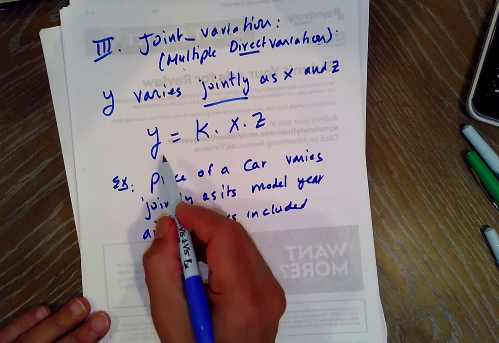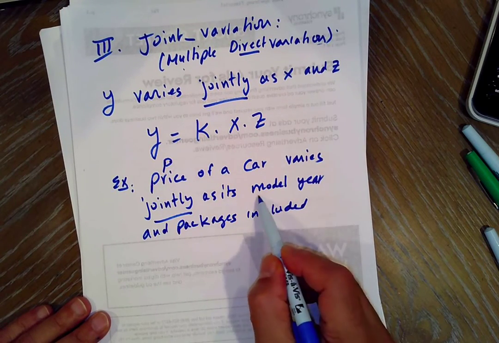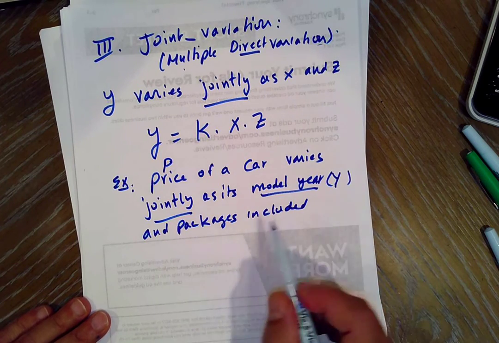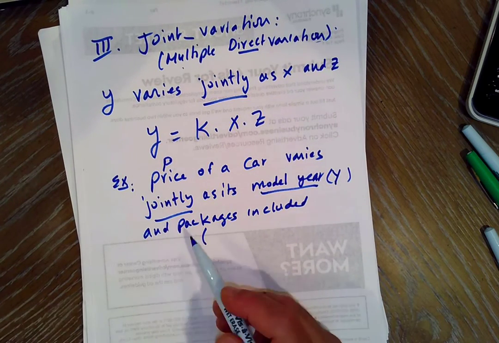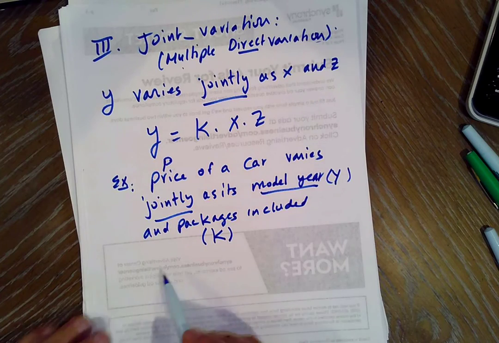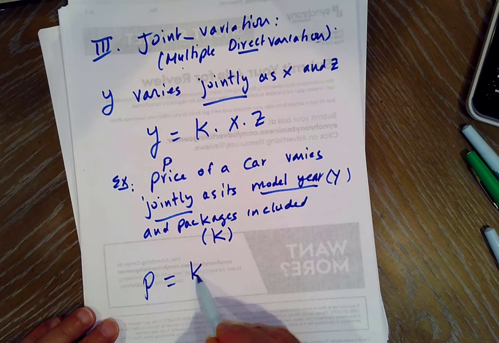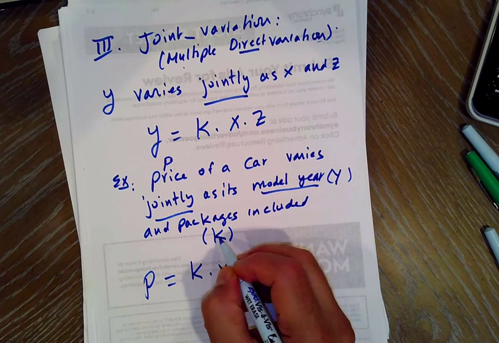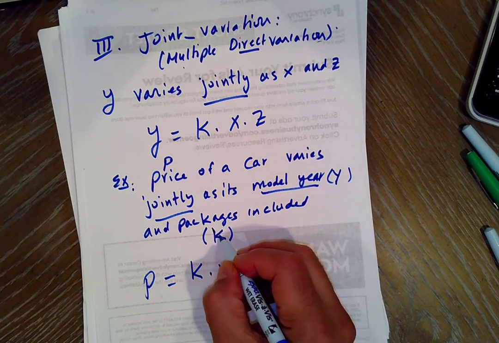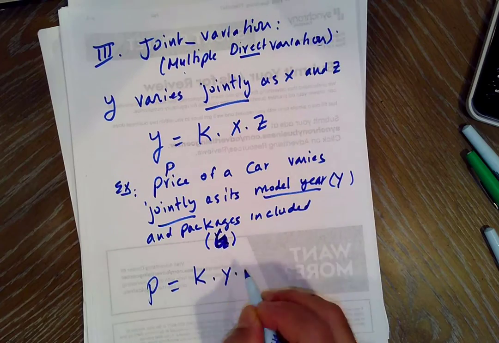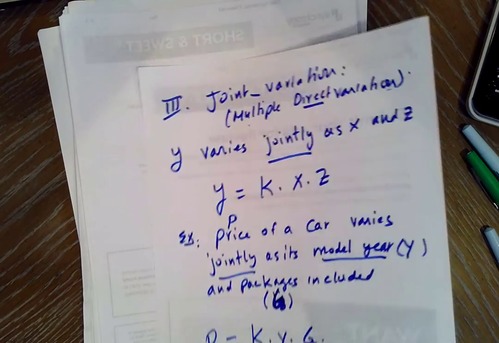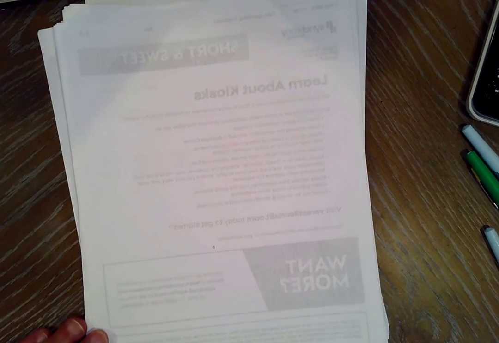So if P is the price of a car, Y is the model year, and G is the packages, we write P equals k times Y times G. That's what it means.